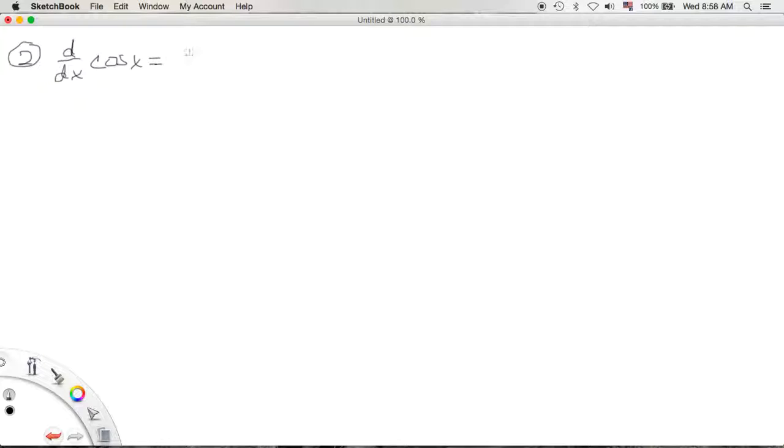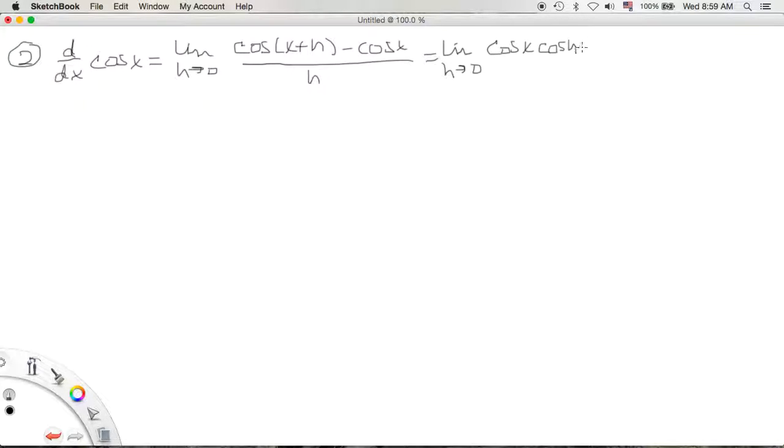I'm going to use a similar technique. The limit as h goes to 0 of the function at x plus h minus the function at x all over h. And we're going to use, again, our sum rules. And again, it's going to split up very much the same way.